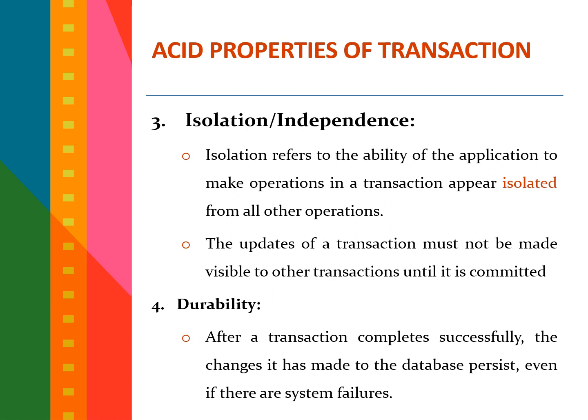That is, isolation refers to the ability of the application to make operations in a transaction appear independent from all other operations. The updates of a transaction must not be made visible to other transactions until it is committed. So isolation is the main goal of concurrency control.